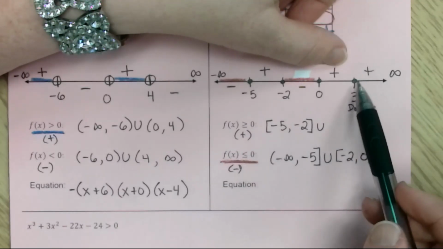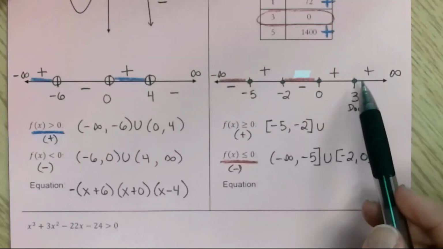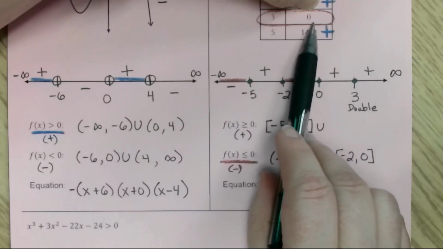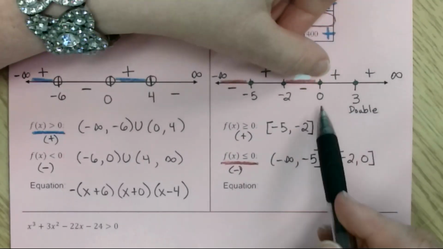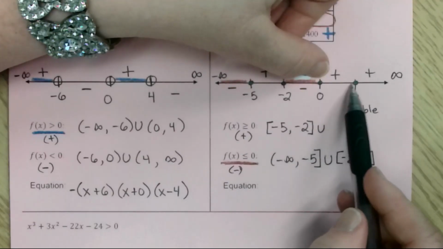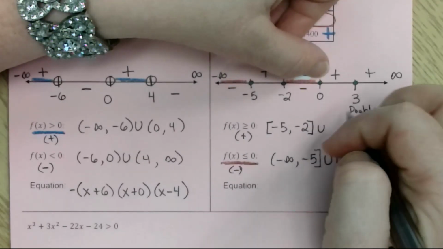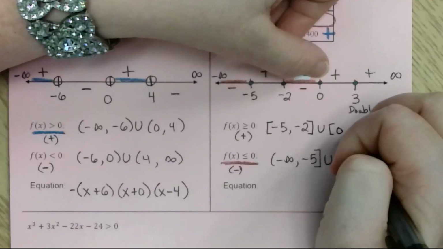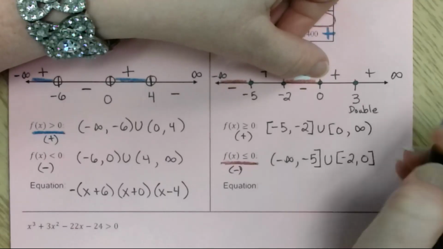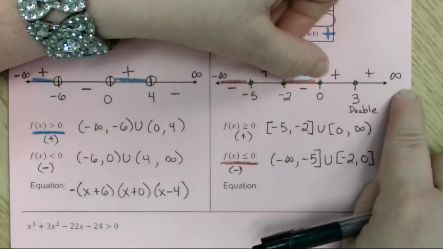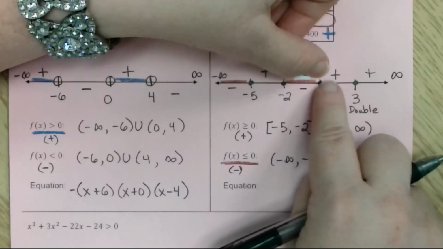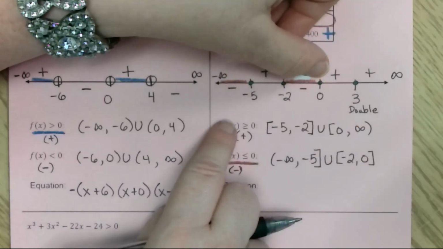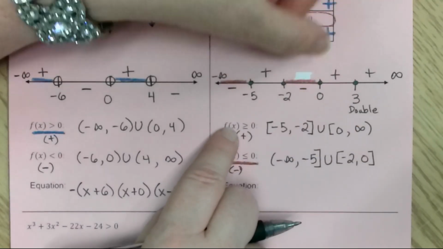And right here at 3, it does equal to 0 in my table. So because it is equals, I can combine these 2 sections together. They are right next to each other, so I can go from 0 all the way to positive infinity because that whole area satisfies greater than and equal to.